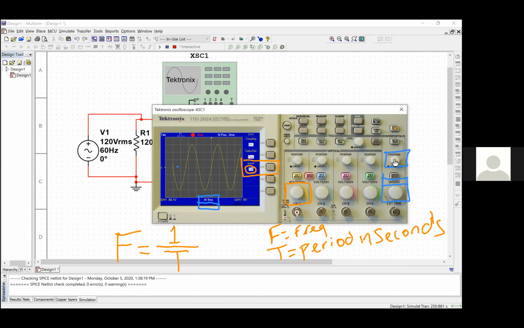I can change my signal to whichever place I want. Myself, I usually prefer to move my wave to the very first time division because it's going to make my life easier. And so let's do that.